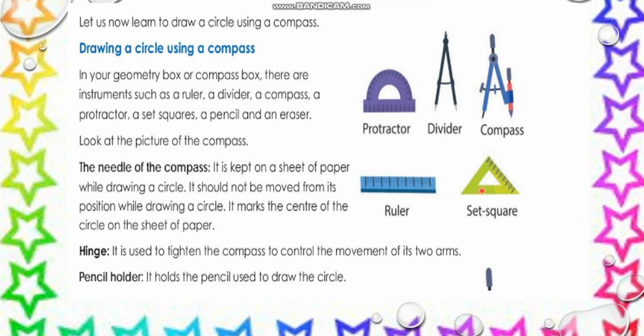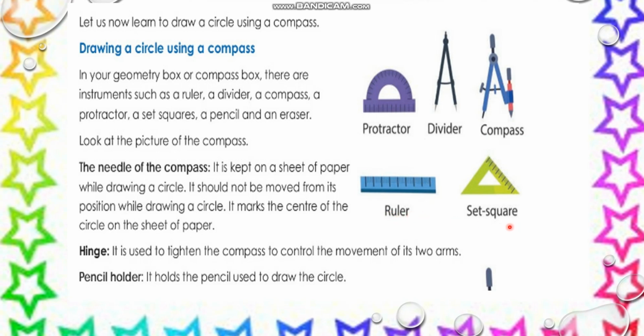So here we need this one. This is the compass, which we can use to draw the circle. Let us revise once again: the things in a geometry box are protractor, divider, compass, ruler, set square.